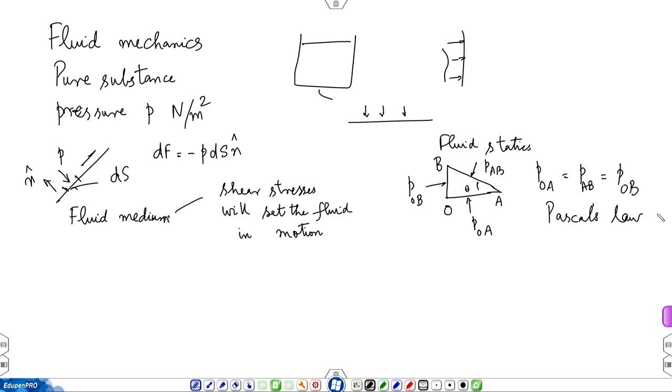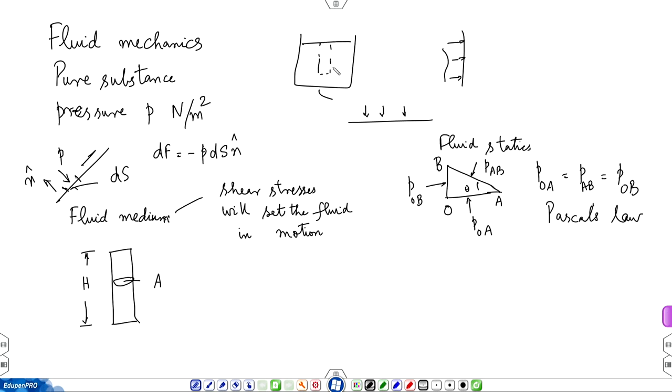So, let us do a similar calculation for a column of liquid which is not elemental, it is a finite column with a circular cross section of area A, and let us say this height is h. So this is a liquid column that is chosen here.